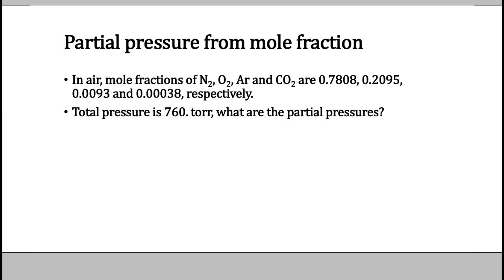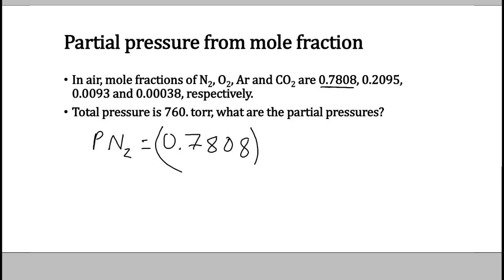So here, what we're going to do is we already know the mole fraction. So if we want to know the partial pressure of N2, what we can do is take the mole fraction, which here is 0.7808. Remember, that's dimensionless.